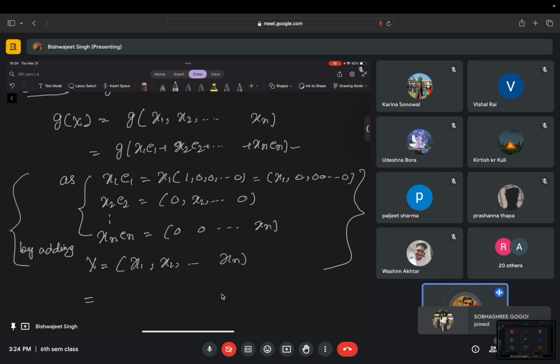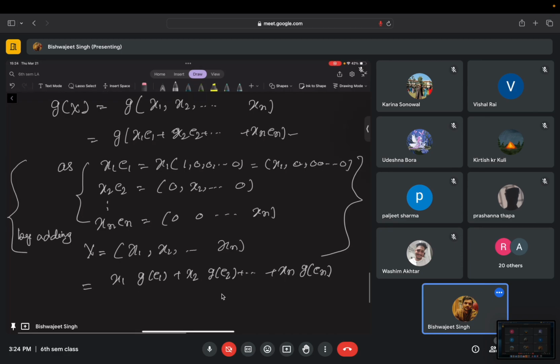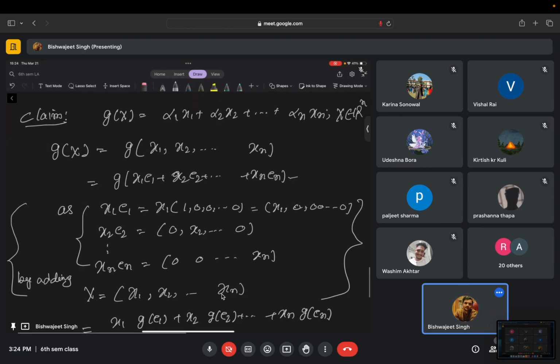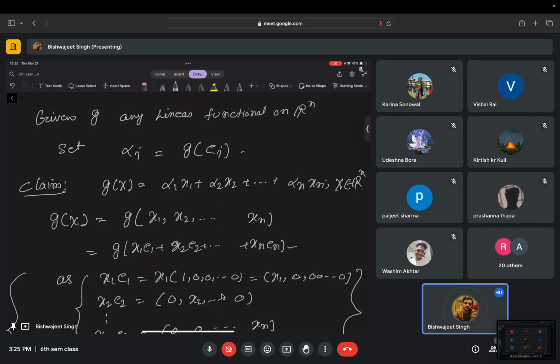Now, since g is a linear functional, I can take the scalars out. That is, I can write x1 times g of e1, plus x2 times g of e2, up to xn times g of en. But I defined earlier that g of ej equals alpha j, meaning g of e1 equals alpha 1 and so on.